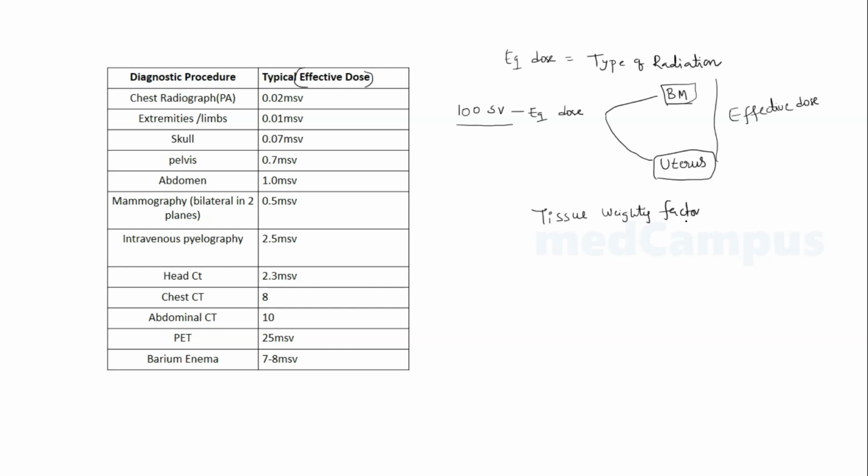Similar to the radiation weighting factor, this is the tissue weighting factor. We multiply equivalent dose with the tissue weighting factor, you will get effective dose. It's as simple as that. So can I say the risk of carcinogenesis, the risk of genetic defects is better measured by effective dose.